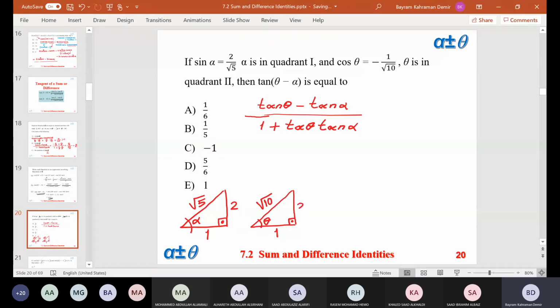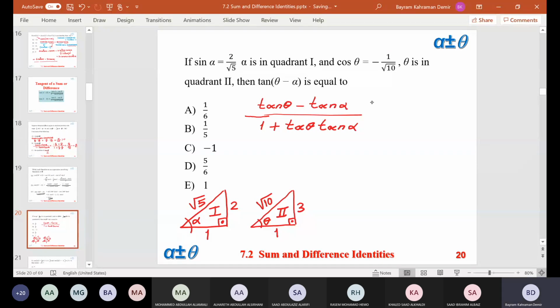It is 3, by the Pythagorean theorem, right? Okay, great. So we just need to keep in mind the quadrant. Alpha is in the first quadrant, so we need to be careful. And theta is in the second quadrant, so we should not forget about that.